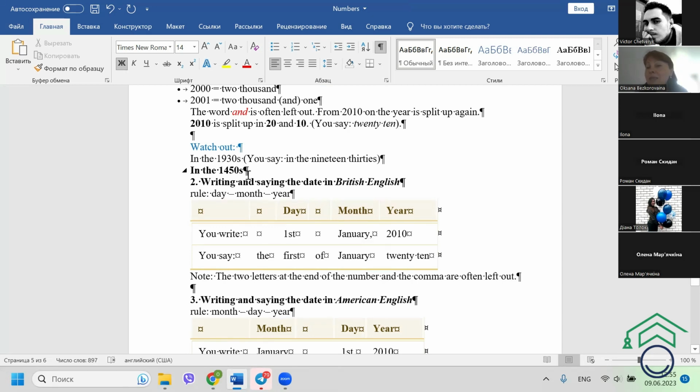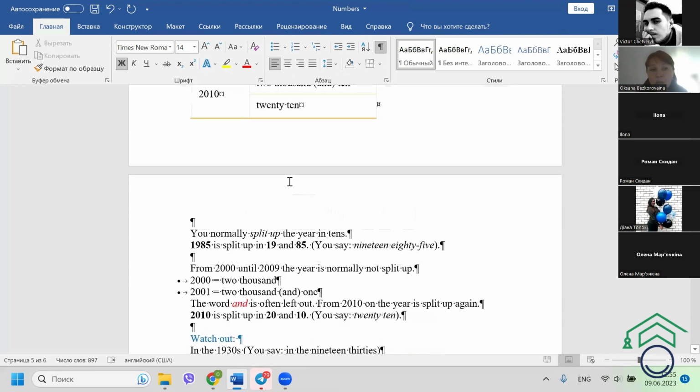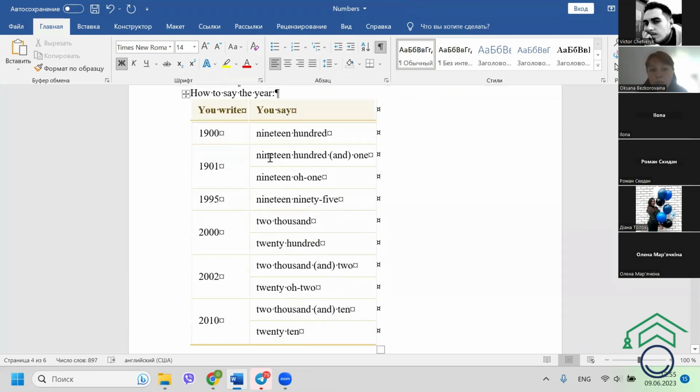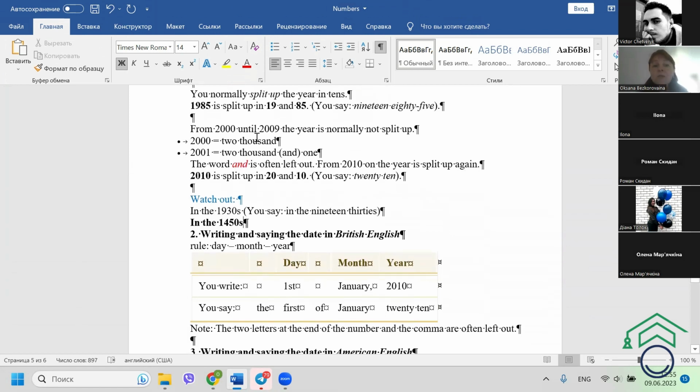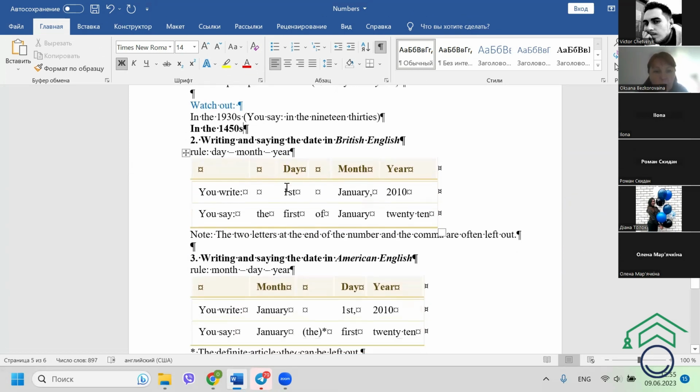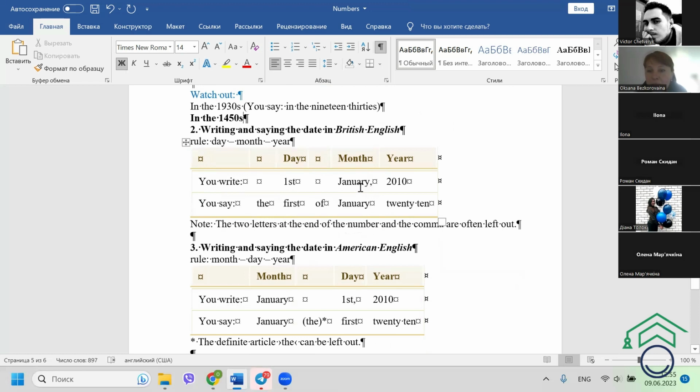У 1450 році in 1450, без нічого. Да? Отут, як у нас зразочки йдуть. 1900, ніякого закінчення S. 2000, ніякого закінчення немає. 2010. От. So, Roma, is it clear? And other students, not only Roma.